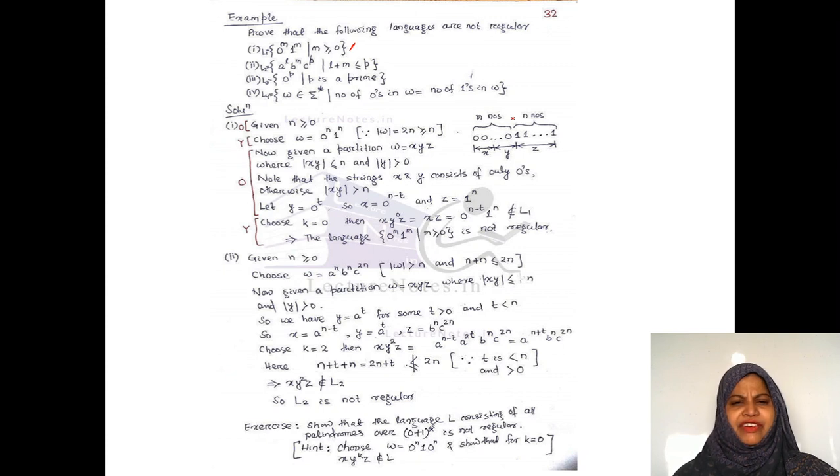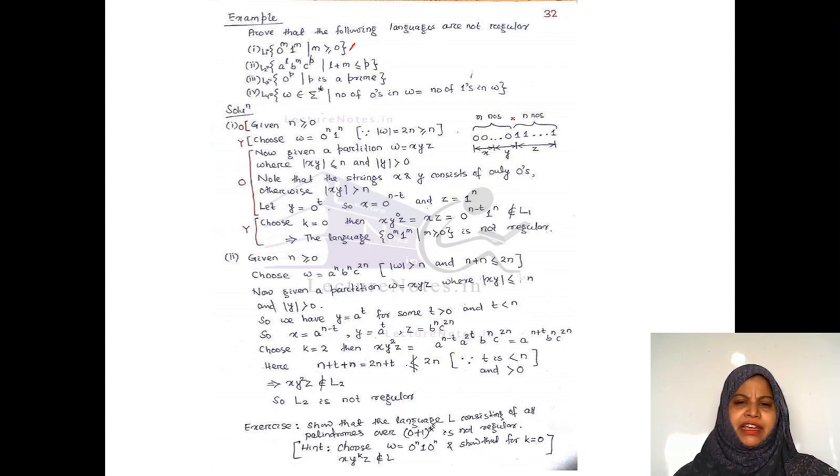Now, given a partition w equals xyz, where |xy| is less than or equal to n and |y| is greater than 0, that is, y should be greater than or equal to 1. Note that the string xy consists of only zeros, otherwise |xy| would be greater than n.